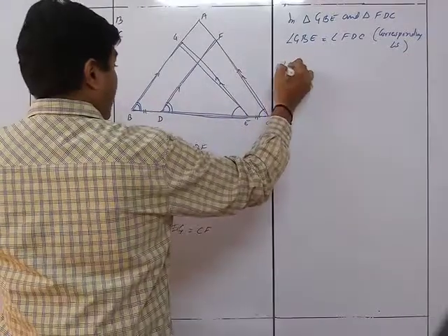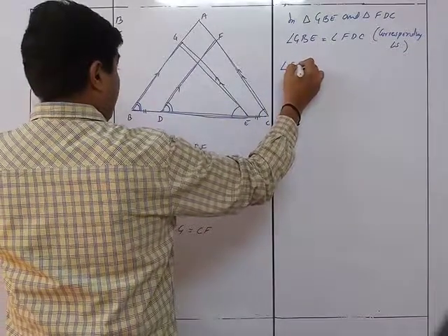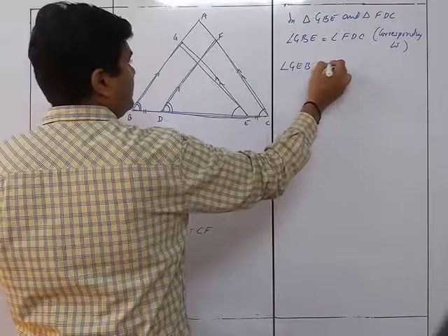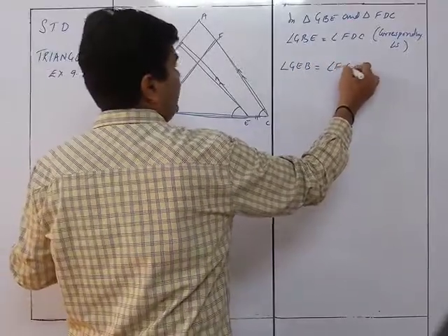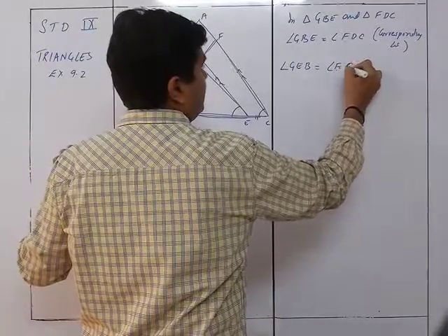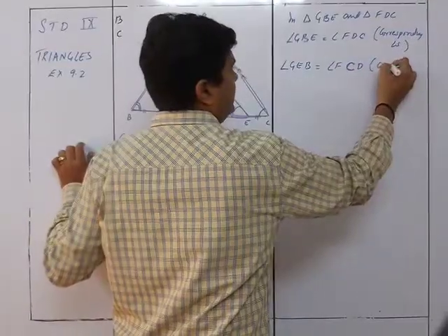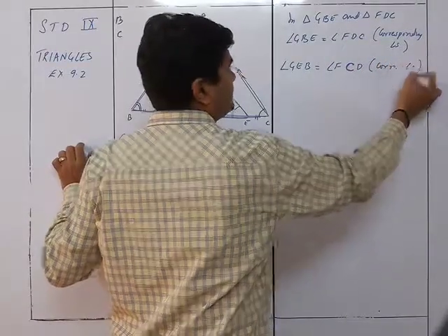Next one, angle GEB is equal to angle FCD, again corresponding angles.